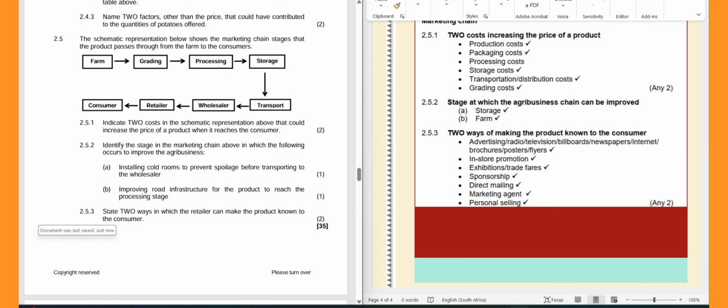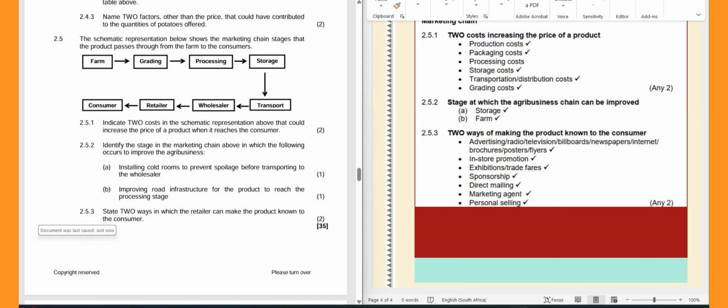Then we can have word of mouth. Okay, word of mouth, that's when the customers or the staff go and tell people about the product, their friends, their families, some of the people in the communities that they live in. Yeah, that's the word of mouth, right? So here they want two ways of making the product known to the consumer.